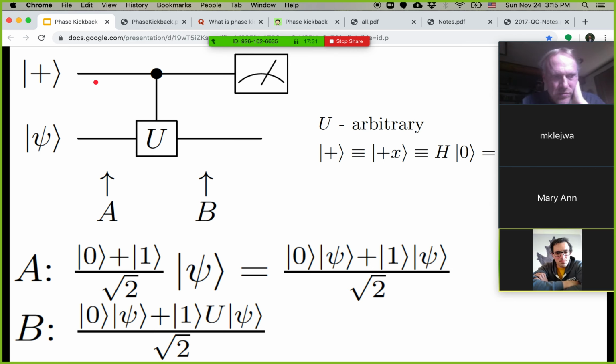If it was 1, it becomes 0. And the control qubit always stays the same in the classical case. That's why we use this terminology, control qubit and target qubit, even though we'll see a little later it's not a very good terminology in the quantum case.